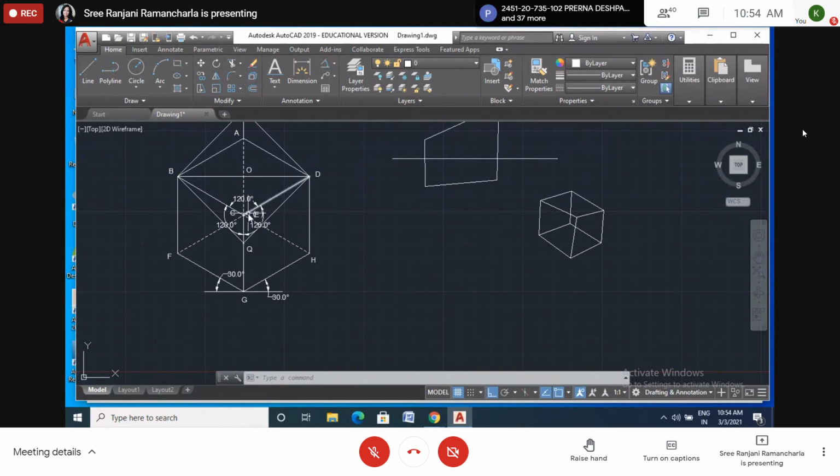The line CG being vertical, the other two lines CB and CD make 30 degrees angle each with the horizontal.